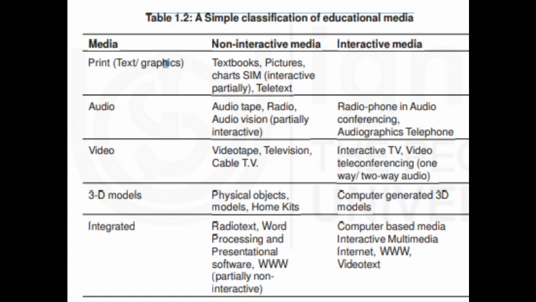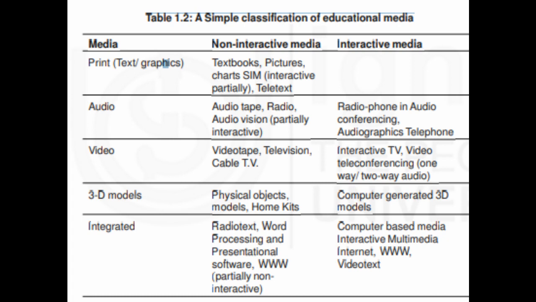Many educational technologists prefer to categorize media into basically two groups, interactive and non-interactive. Within these two broad groups they put all educational media. From another point of view, educational materials could be classified into 5 categories, viz. I, print; II, audio; III, video; IV, 3D models; and V, integrated.